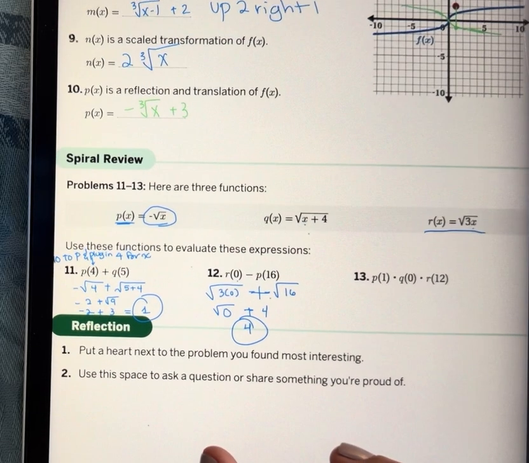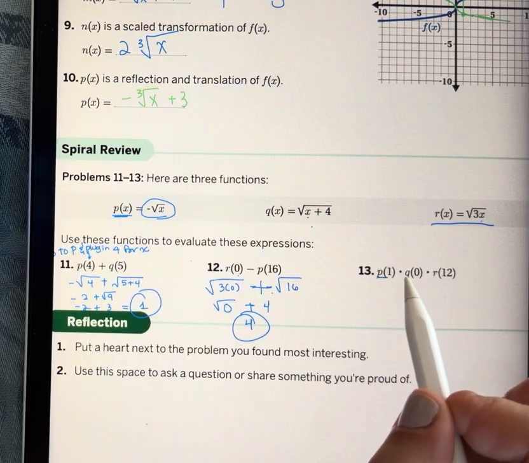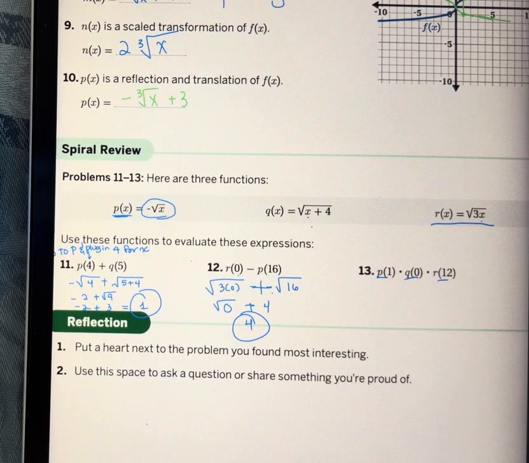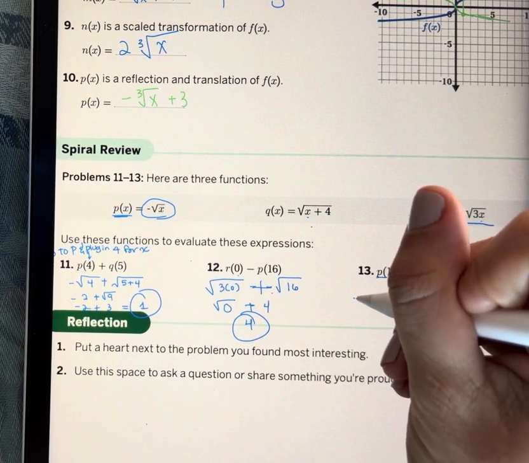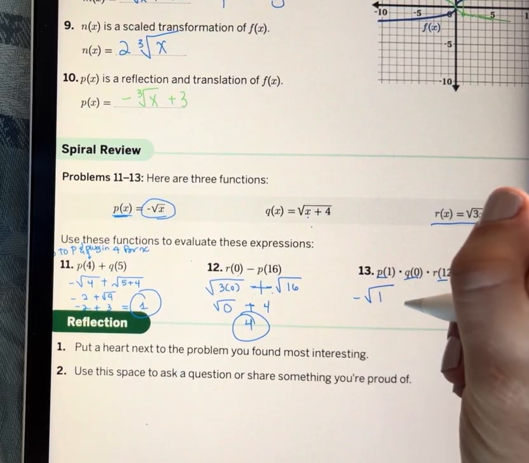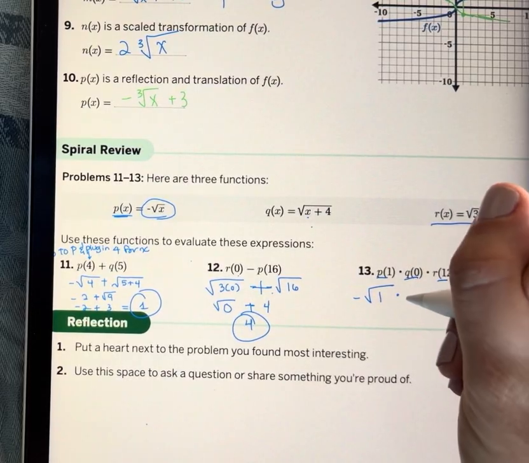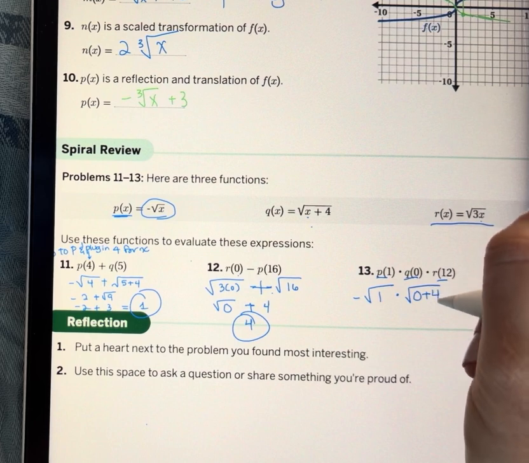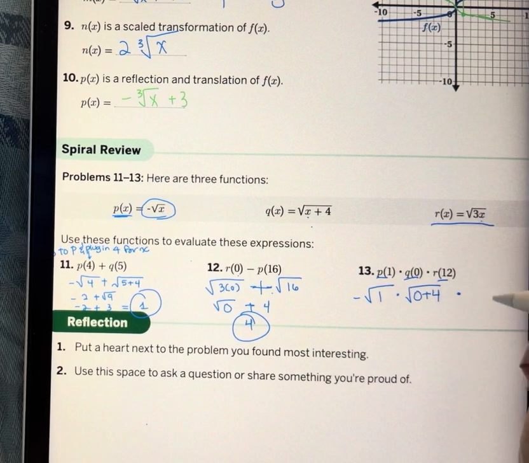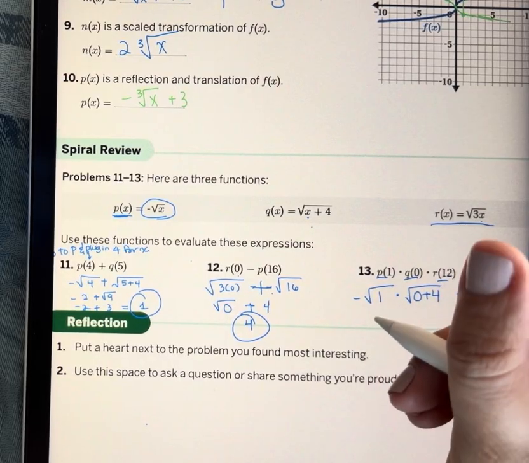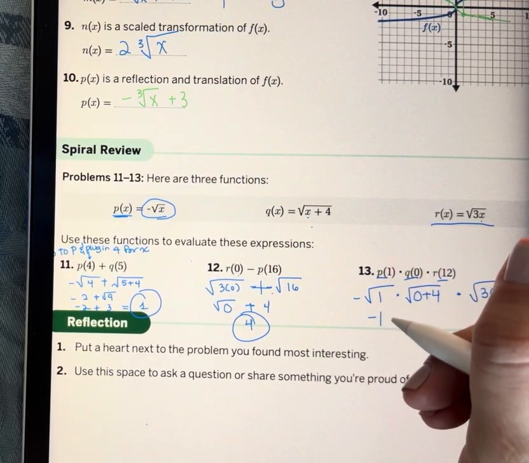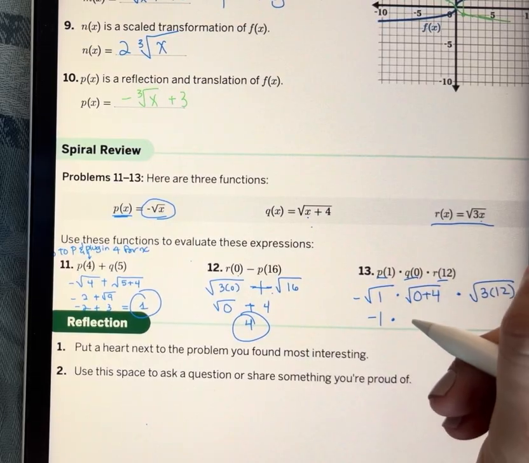And then look at here. We're multiplying P of 1 times Q of 0 times R of 12. So P of 1 times Q of 0 times R of 12. Square root of 1 is 1. With the negative makes it a negative 1. 0 plus 4 is 4.